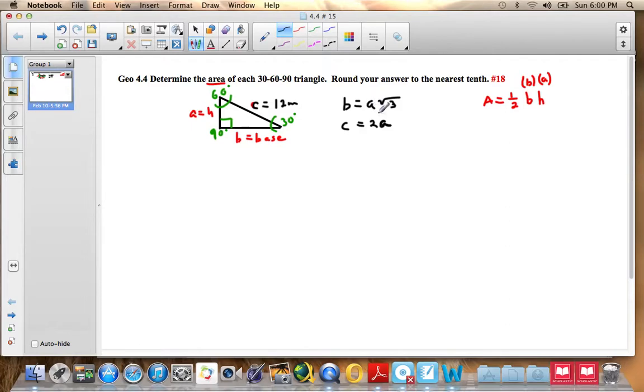So how can I find A? Well, I can find A with this formula here. C equals 2A. So this is the formula I'm going to use to find out what A is. Given here C equals 12, then I have 12 equals 2A.